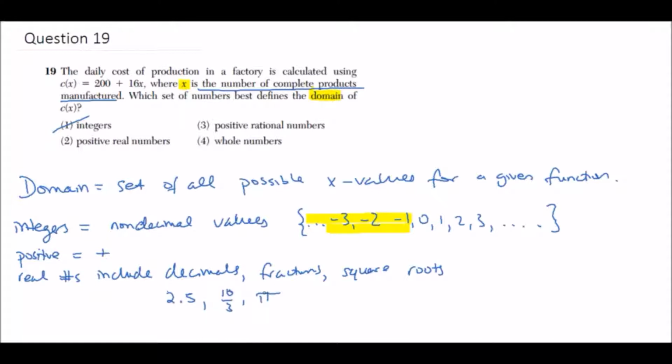Pi is definitely a real number. Well, we can't manufacture pi products, or 10/3 products, or 2.5 products. It specifies that the number of complete products. So that's out as well.